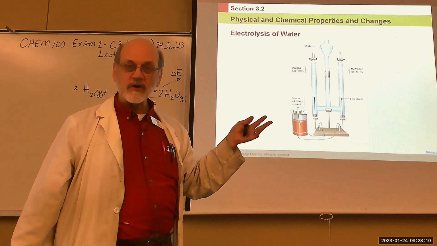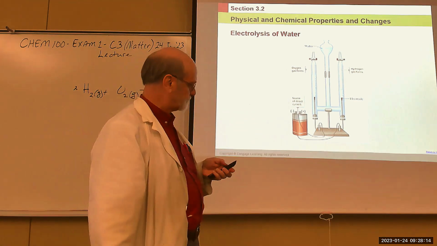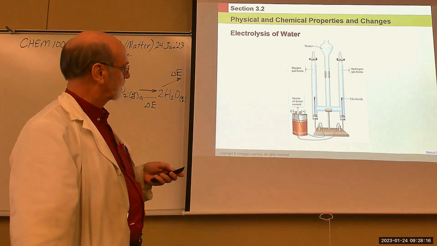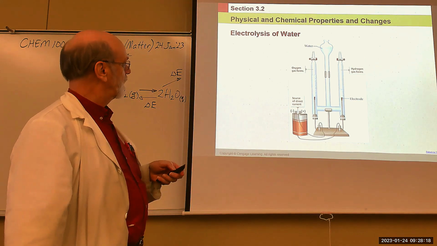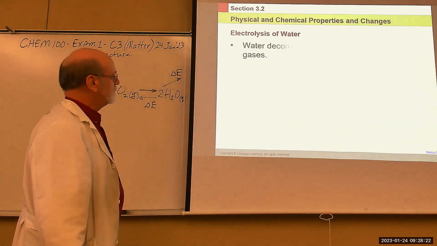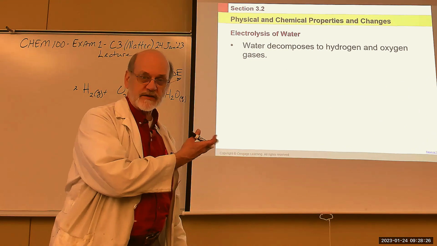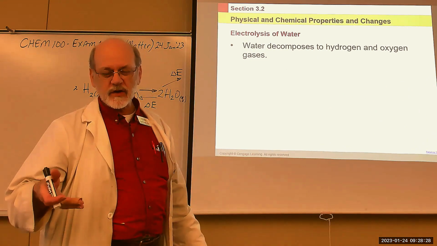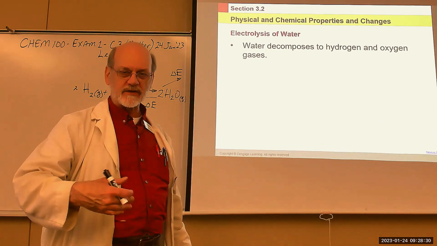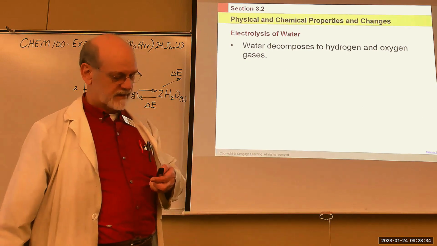And at one electrode, you get hydrogen, and at the other electrode, you get oxygen. That's called electrolysis, by the way. Water has undergone a chemical change in electrolysis. Hydrogen and oxygen undergo the reverse chemical change when they're mixed and ignited.